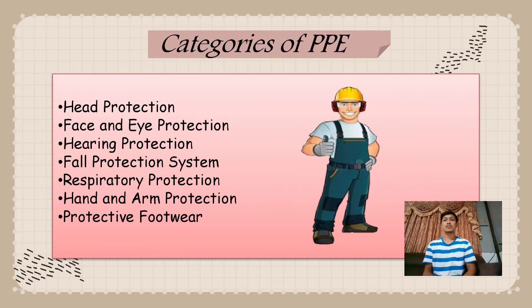It is to protect your hearing and to protect you from noise induced hearing loss. In big workshops, the machines and equipment they use are very loud. So to avoid being harmed by the loud noise, workers use hearing protection.